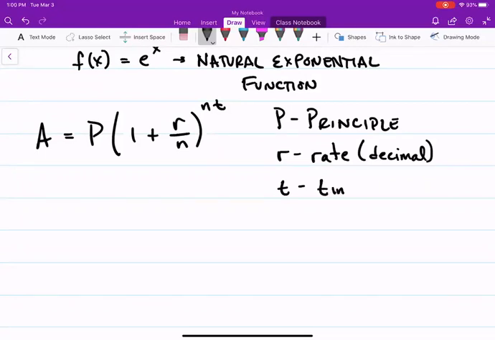Time, and typically the time is in years. What is A? The end amount. Excellent. We have one letter left.